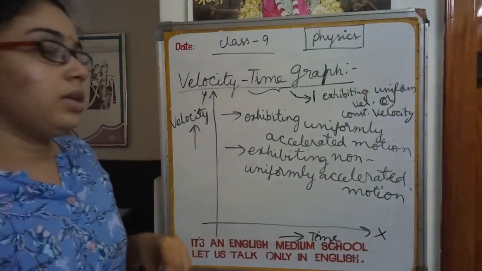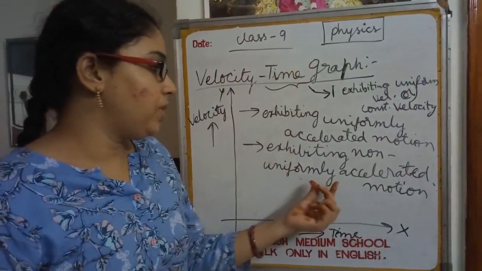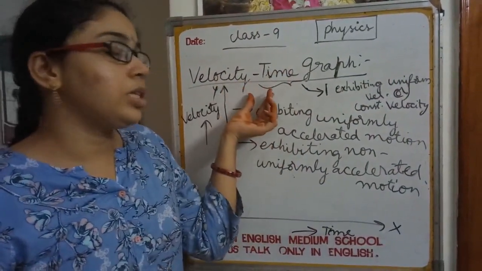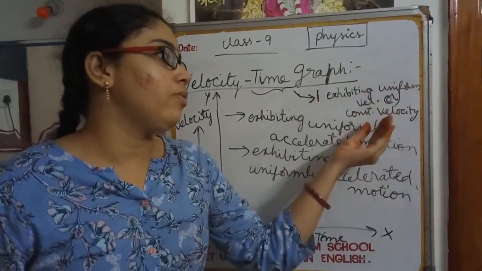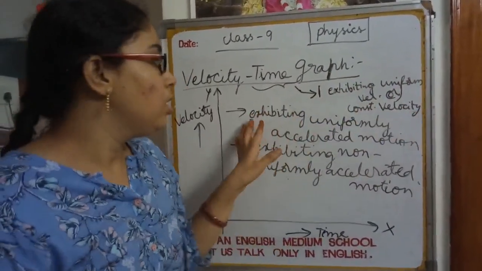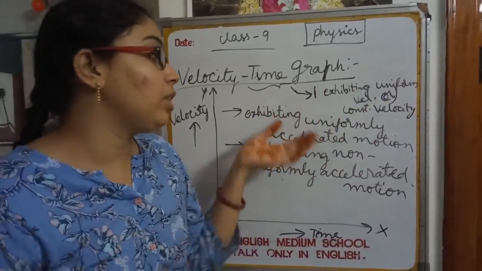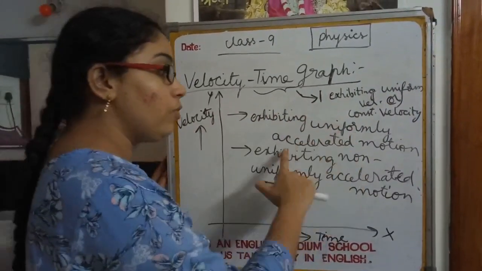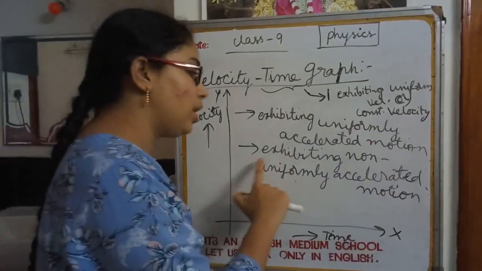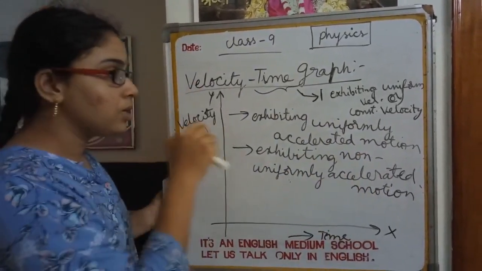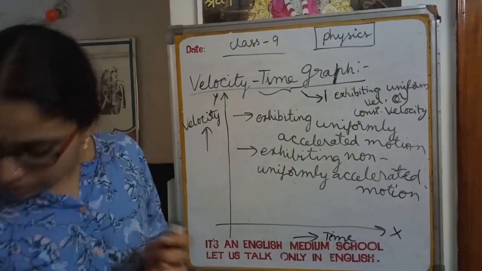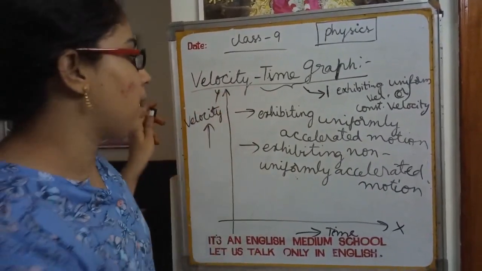So these are the three cases in which we can draw the velocity time graph. The first case is uniform or constant velocity, the second is uniformly accelerated motion, and the third is non-uniformly accelerated motion.